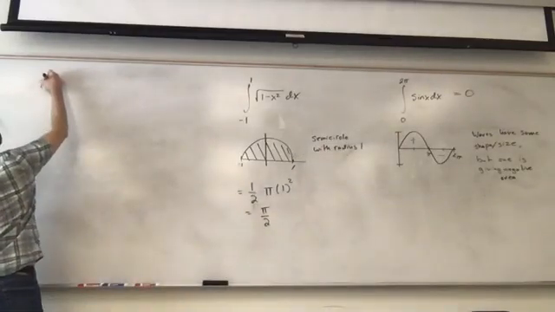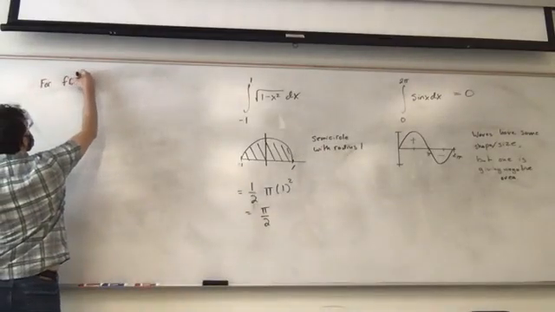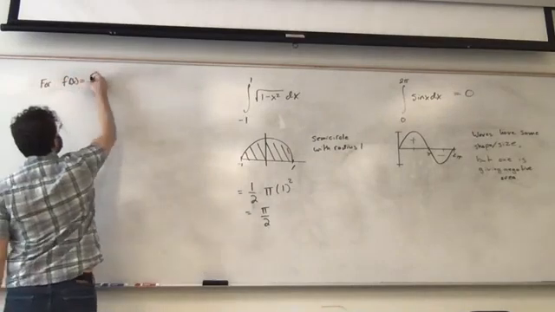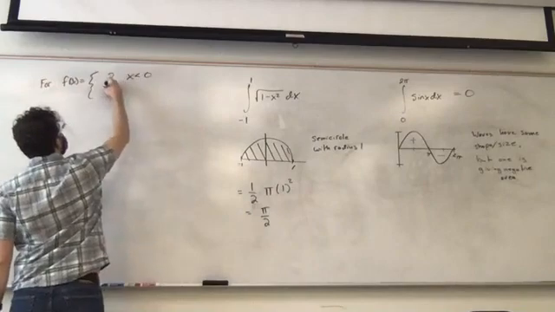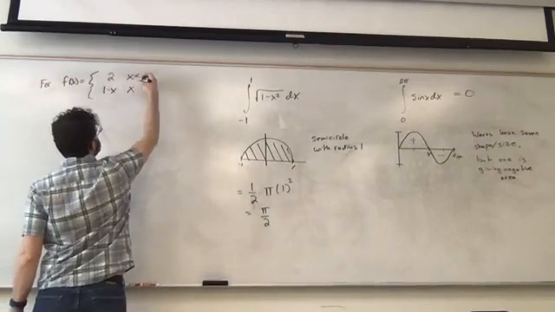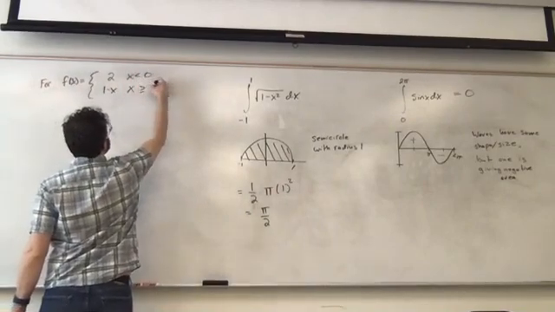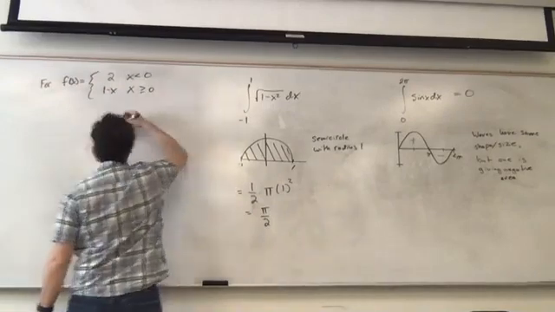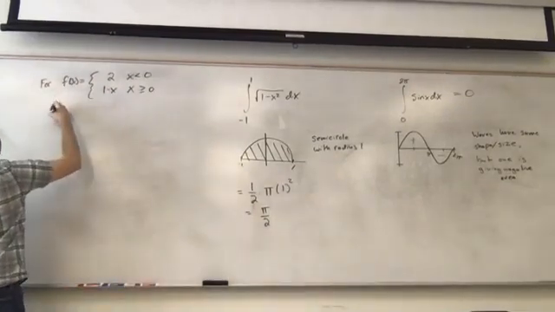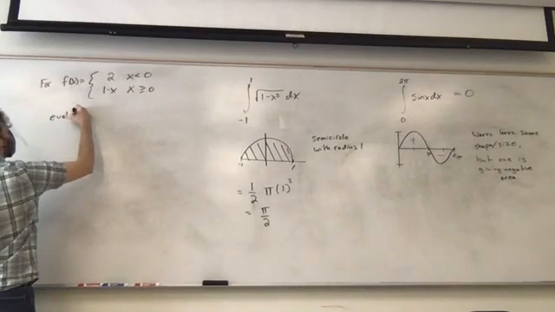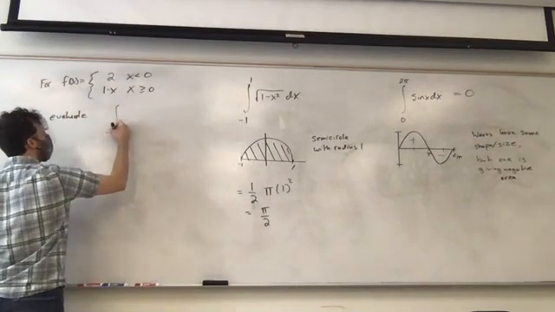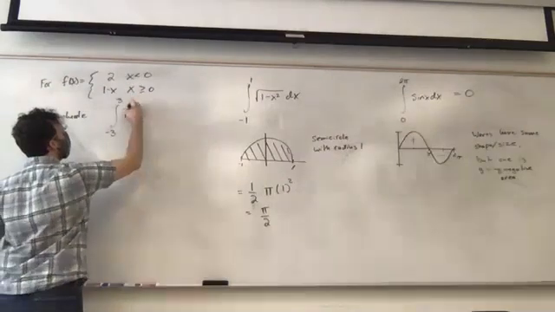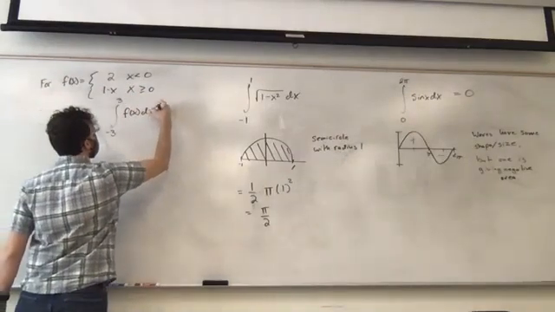Let's see this function f of x I'll define, which is going to be 2 if x is negative and 1 minus x if x is greater than or equal to 0. Let's evaluate the definite integral from -3 to 3 of our function f of x.